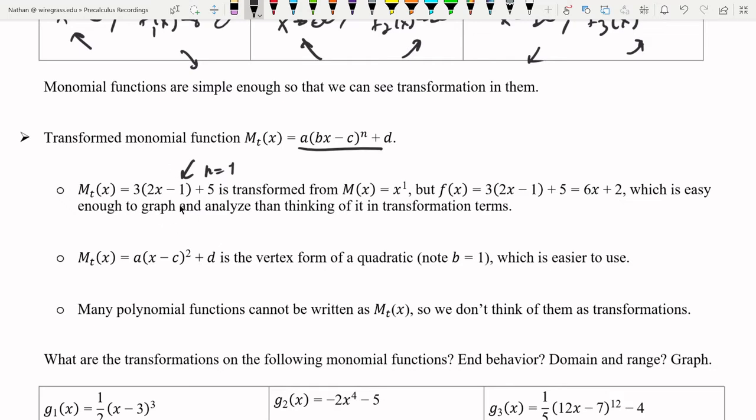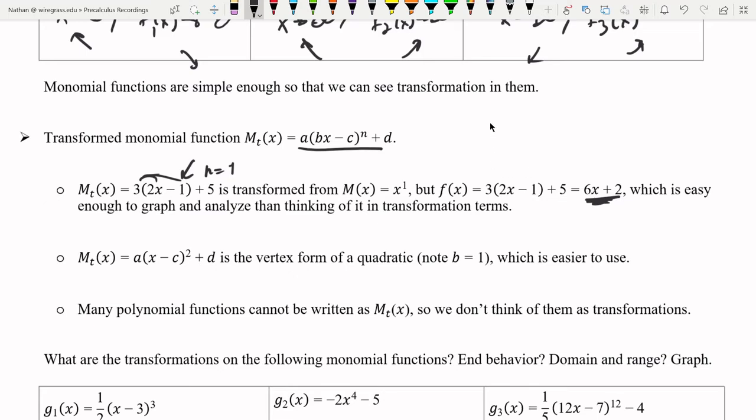But this is just a linear function, and so you can just distribute the 3, right? And then add like terms, and you get just 6x plus 2. And 6x plus 2 is way easier to analyze on its own, rather than looking at the transformation of some linear function.